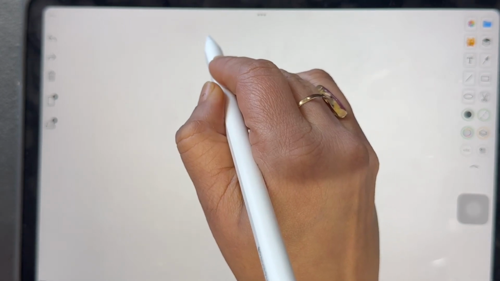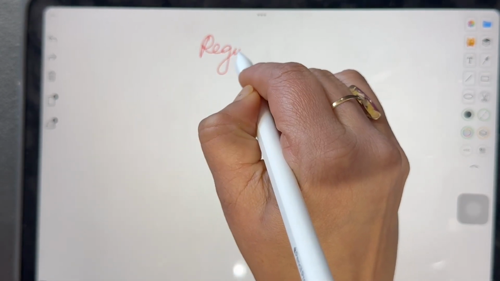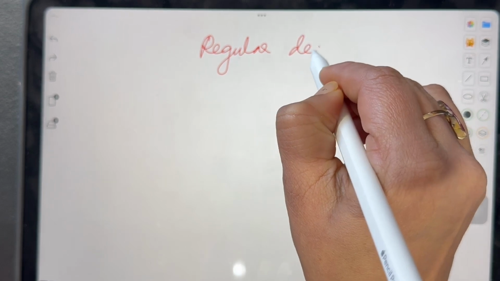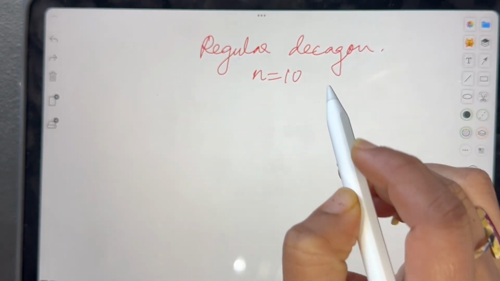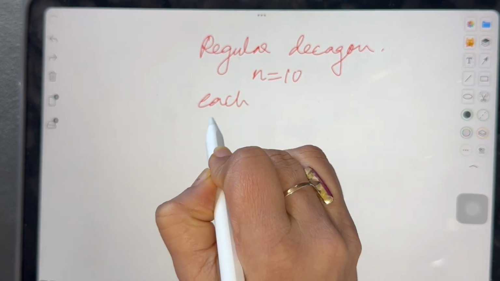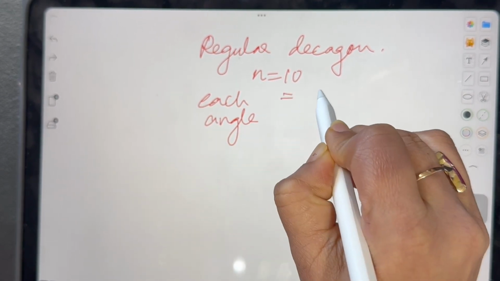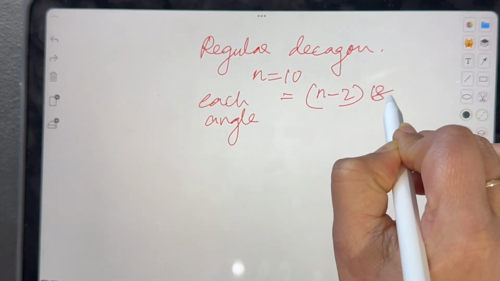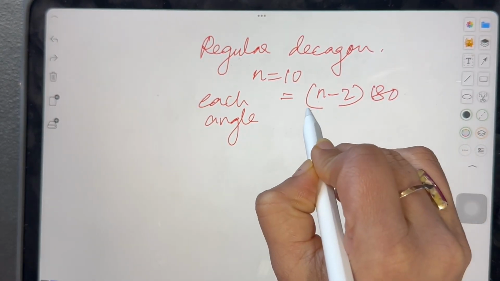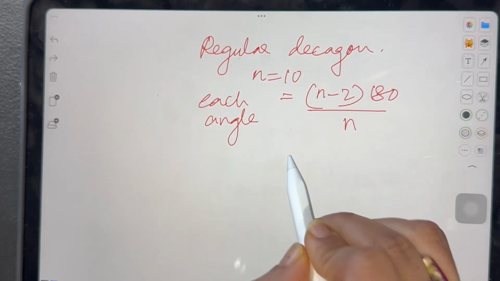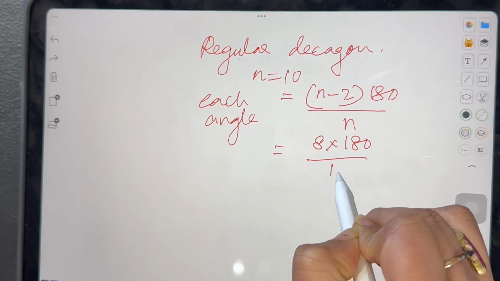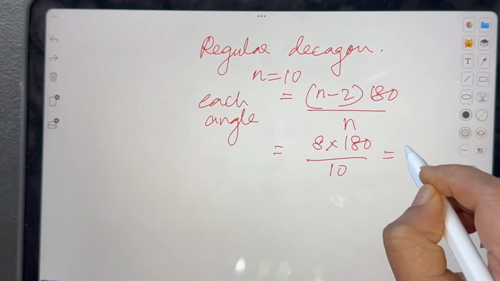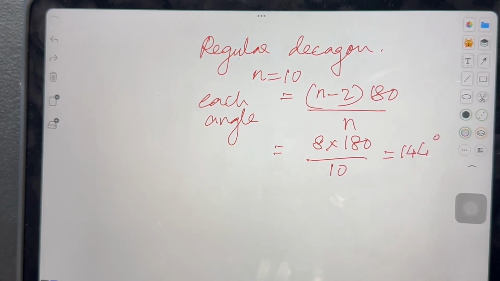So what about each angle of a regular decagon? A decagon means the number of sides is 10. Since I called it regular, all angles will be the same. Each angle will be n minus 2 times 180, which gives the sum of all the angles, divided by the number of angles. So 8 times 180 divided by 10, which will be 144 degrees. Each angle will be 144 degrees.